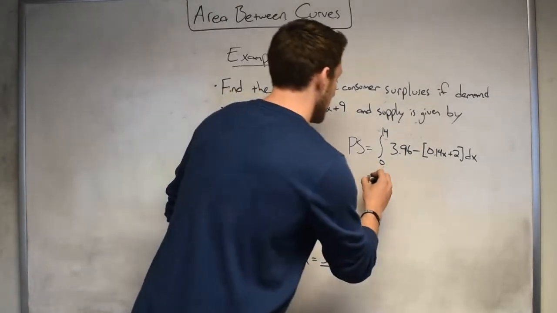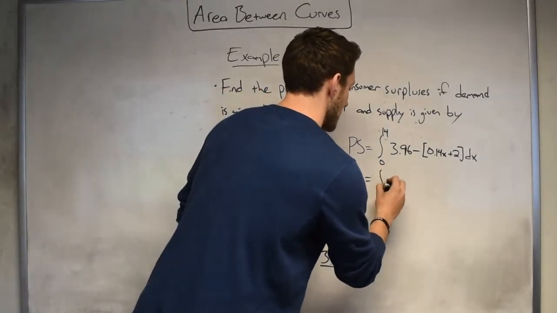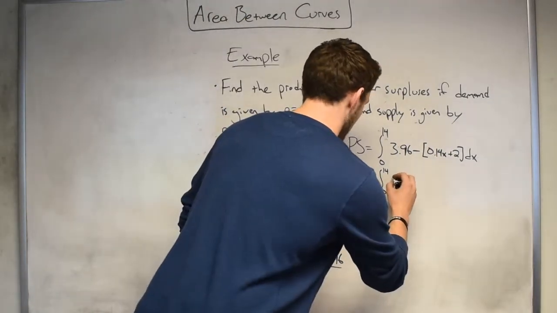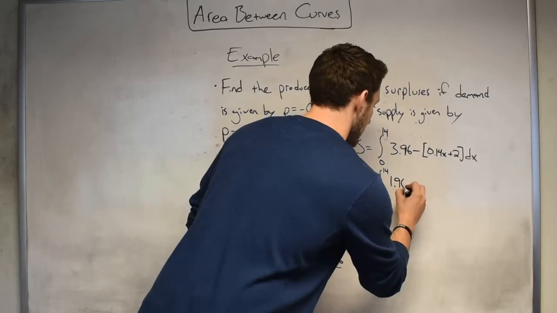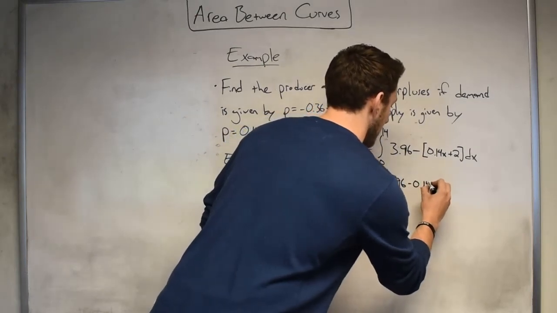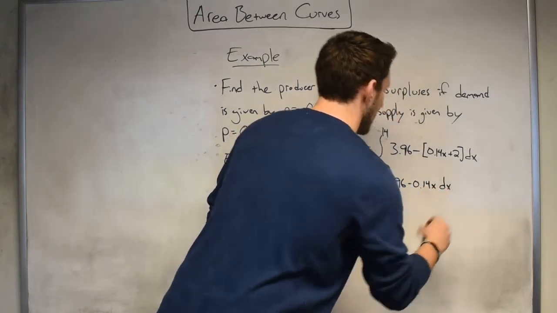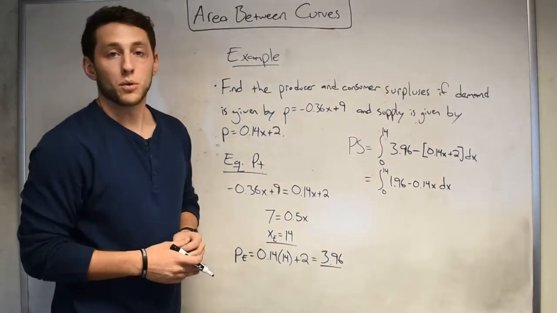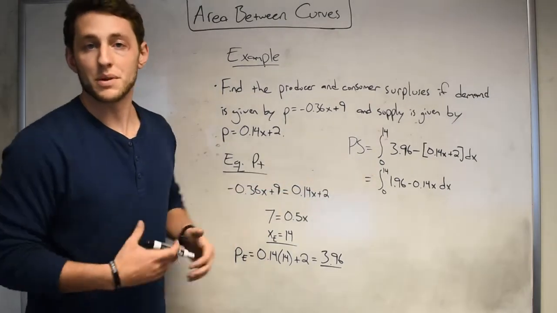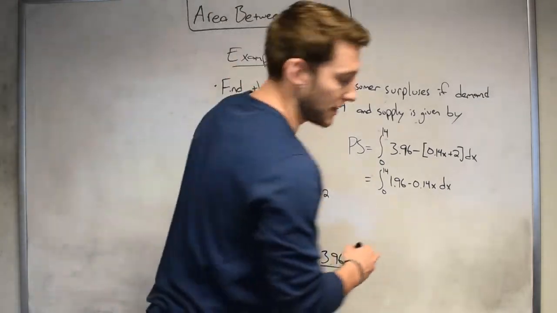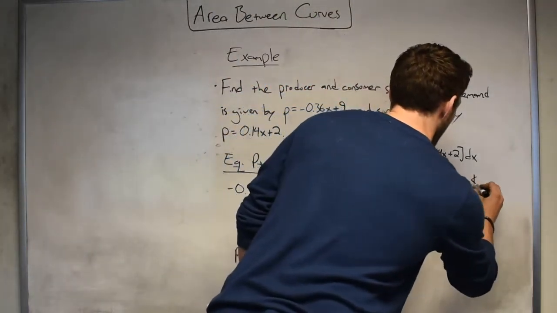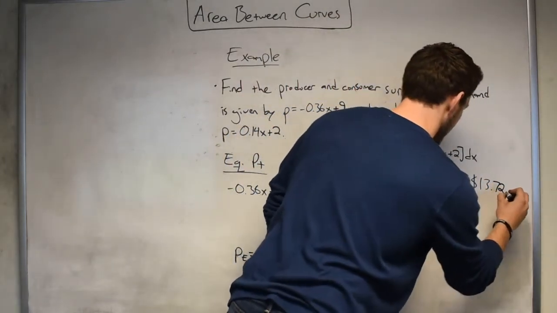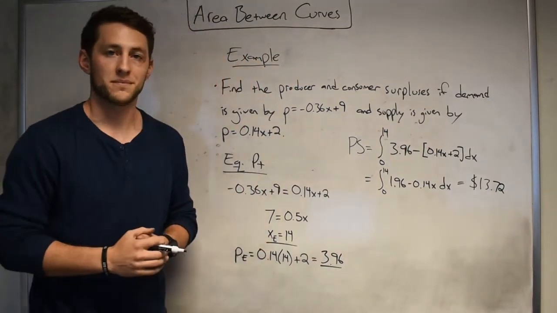Simplifying, what we end up with is just the integral from 0 to 14 of 1.96 minus 0.14x, all with respect to x. If we work this out, because I'm assuming we know how to do definite integrals, you should get an answer of $13.72. Just remember your basic power rules.